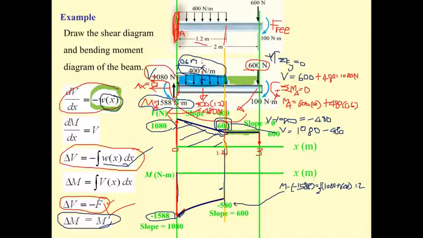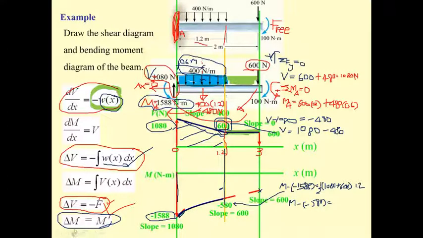Next we move to this portion of the shear diagram, and the slope is going to be plus 600. And what is the moment here? The moment here minus the moment of minus 580 is going to be equal to the area here.